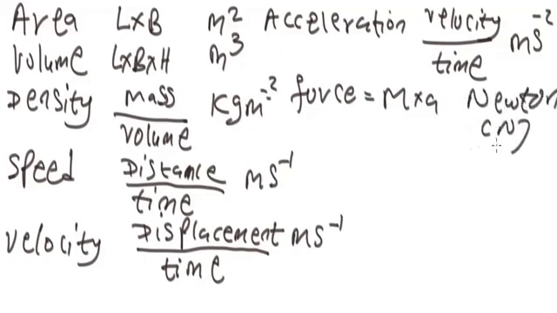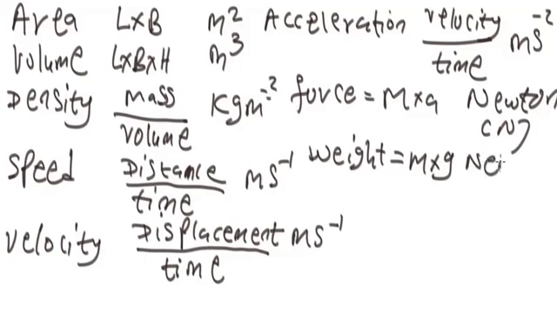So the short form is N. Okay, we also have our weight. Now, weight is calculated using mass times acceleration due to gravity g, and its unit is also measured in Newton. N, short form. Alright. The difference between weight and mass is that mass is a scalar quantity, whereas weight is a vector quantity. Alright, so that's just the major difference between weight and mass.